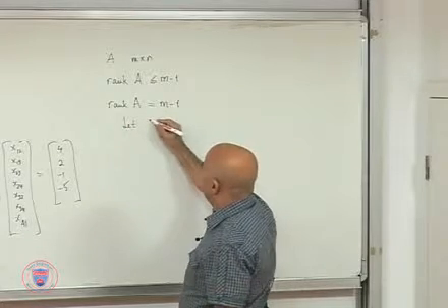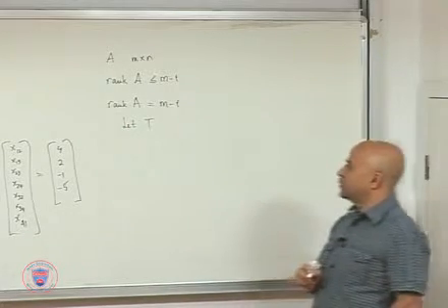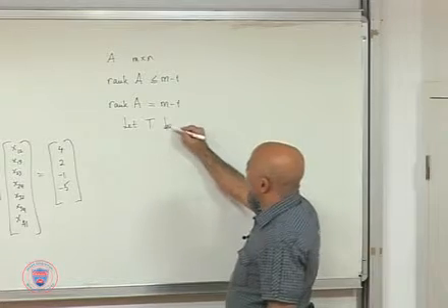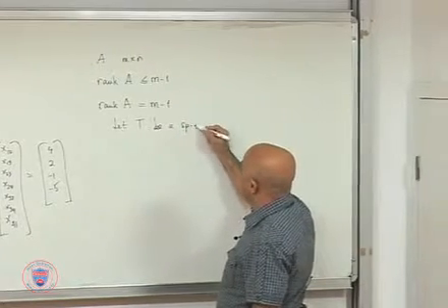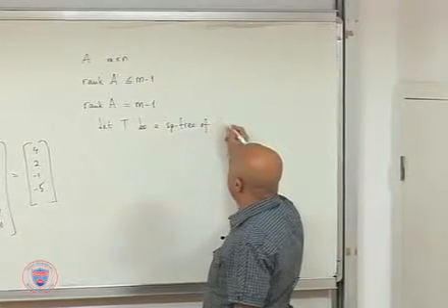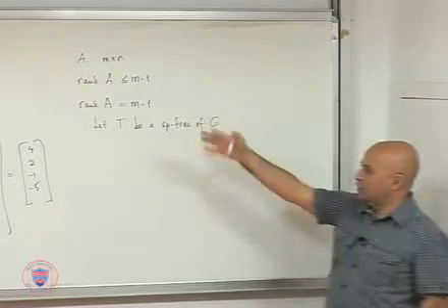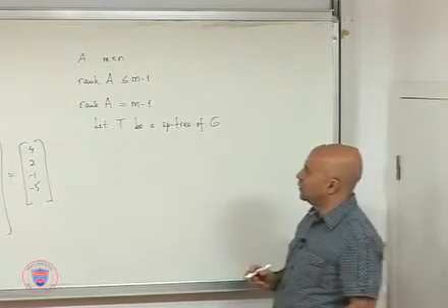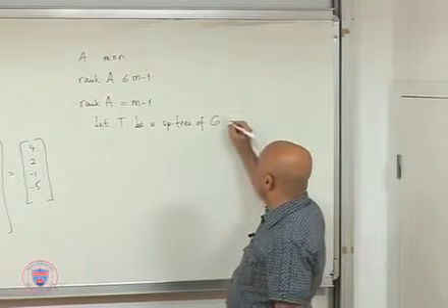So let's assume we have a tree. Let T be a spanning tree of the network that induces this particular node arc incidence matrix.